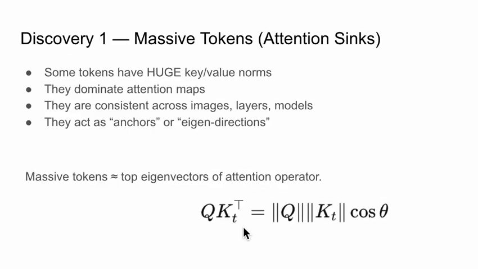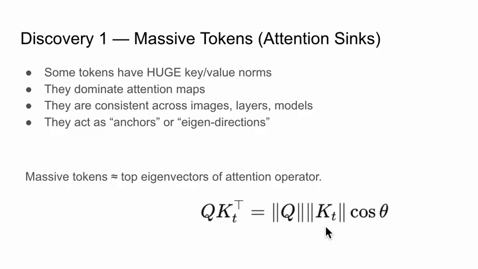When you inspect ViT's attention maps across layers and heads, you see bright lines. Certain patches attract attention almost regardless of the input image. These are the massive tokens. They appear because their key vectors have unusually large norms.